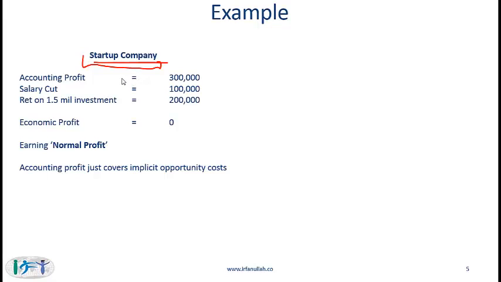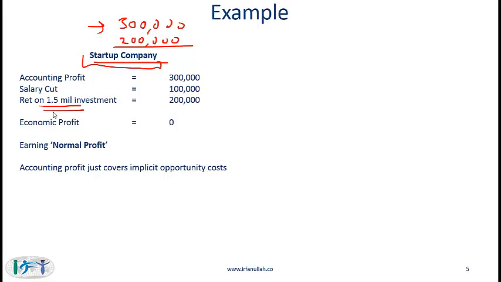Your salary, if you were to work at a regular large company, would be 300,000, but you are paying yourself 200,000. This means that you are taking a salary cut of 100,000. This is an opportunity cost. So we take the 100,000 into account.